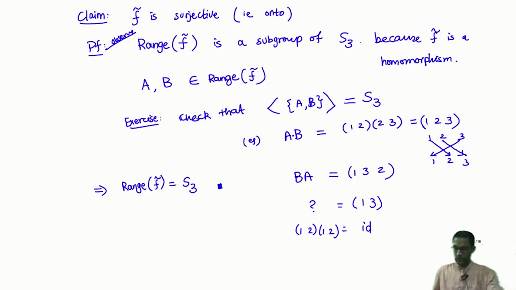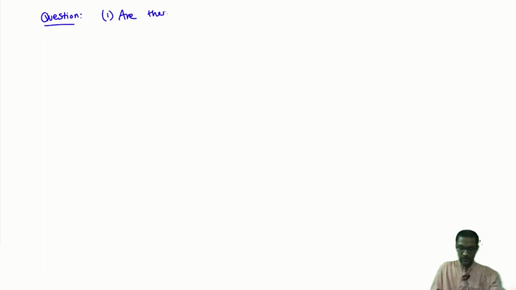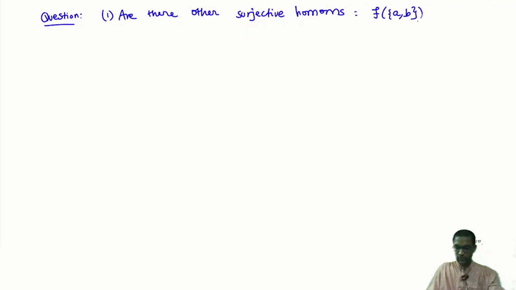We have used the universal property to construct a map, and then we have shown that this map has full range. Now here are some additional questions for you to think about. Are there other such functions? Are there other surjective homomorphisms from the free group on two generators to S3?